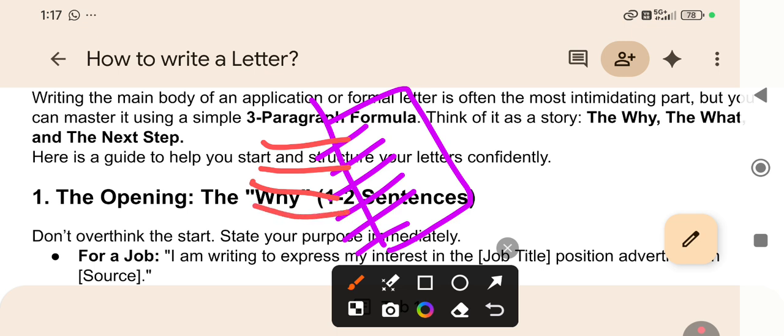Then salutation. Then main body, and then complimentary close and signature box. These are the seven essential parts of a letter.